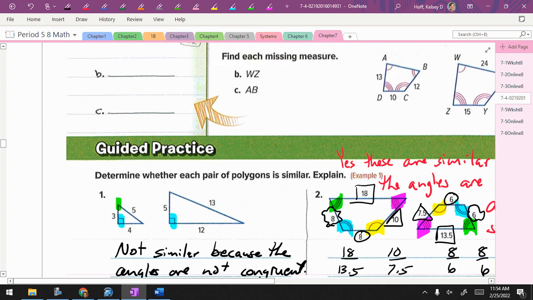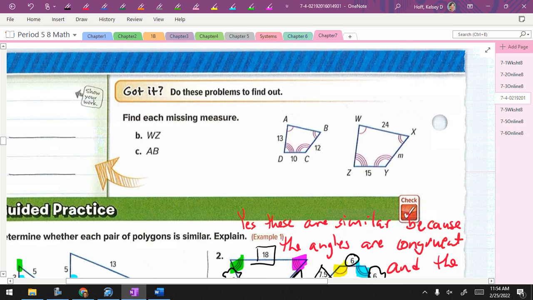Go to the top. Put the shapes around the sides that match each other. Go match up those sides. What numbers go with what numbers?